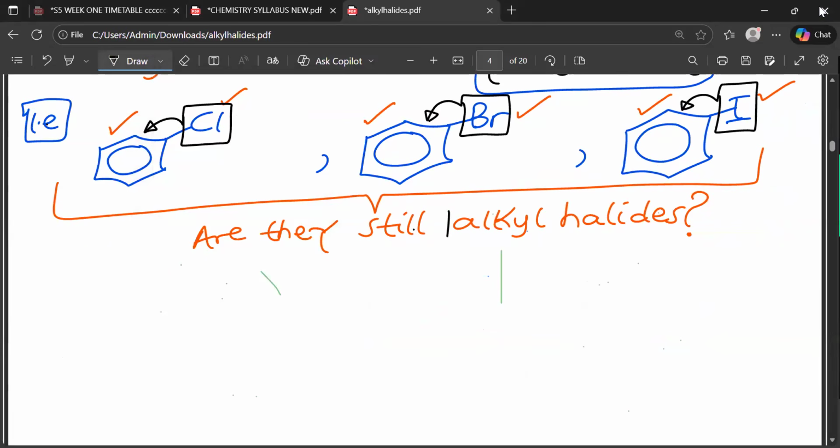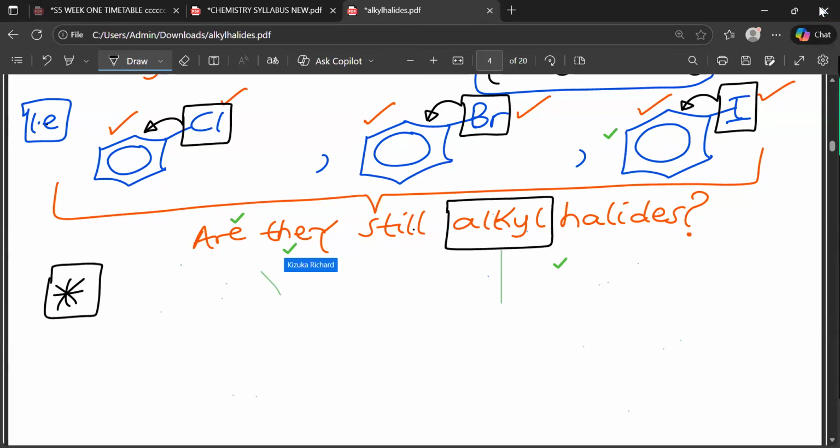So people, this alkyl is for only alkyl groups: methyl, ethyl, propyl, isopropyl, butyl, tertiary butyl, and so on. The moment we go to the benzene ring, it's a phenyl group. Those who attended the lesson on benzene, I remember telling you these things very well.